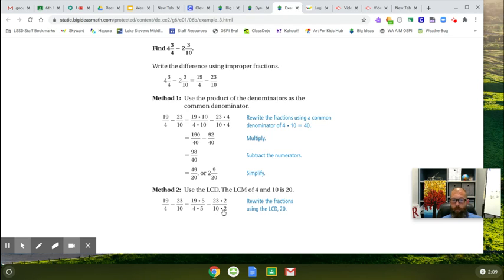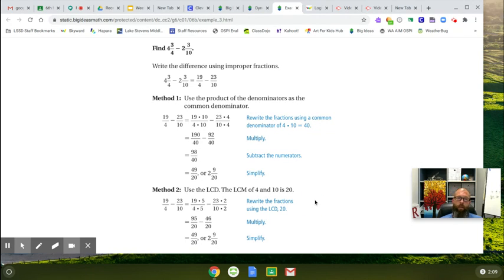Since I'm multiplying the bottom by 2, I'm going to multiply the top by 2. So I multiply, and I end up with 95 over 20 minus 46 over 20. I still end up with the same number, 49 over 20, and then 2 9/20. So that part is the same as the top one.